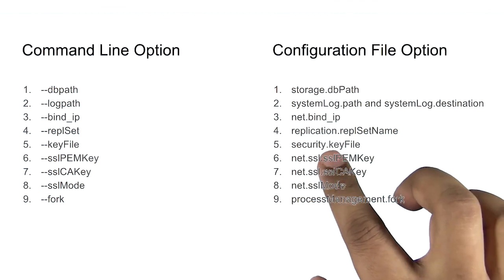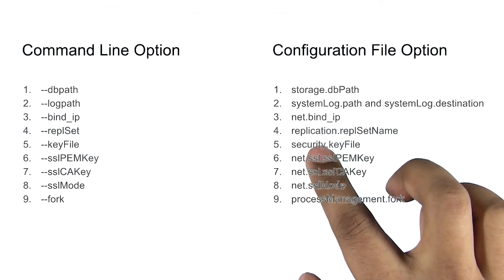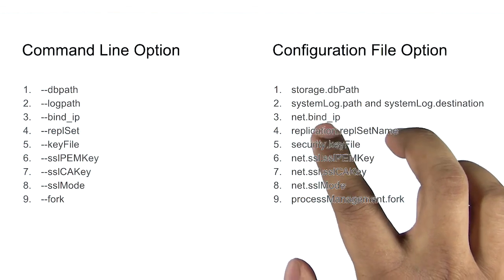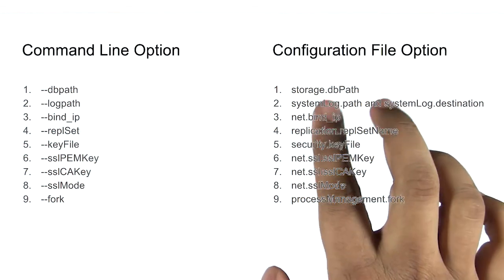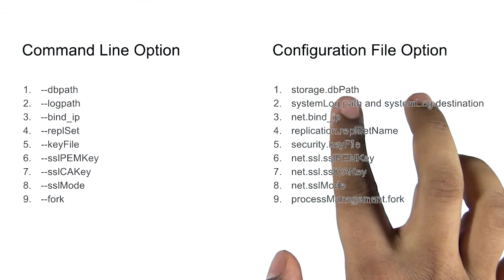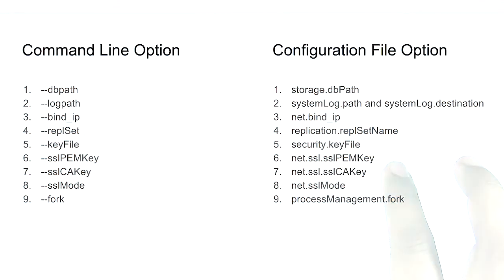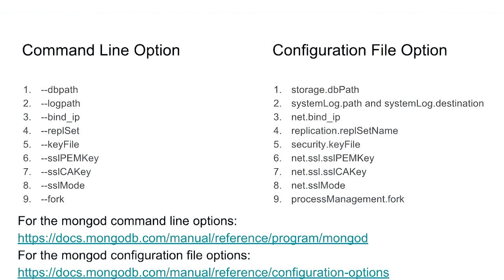These are both under the SSL parent, which themselves are under the net parent. The net parent also captures bind IP. All three options are related to the net parent, but SSL PEM key and SSL CA file are specific to net.ssl.